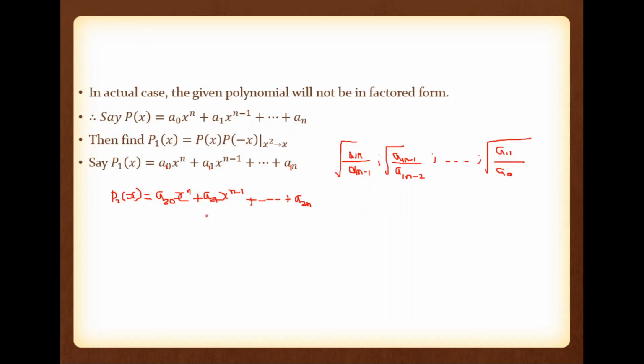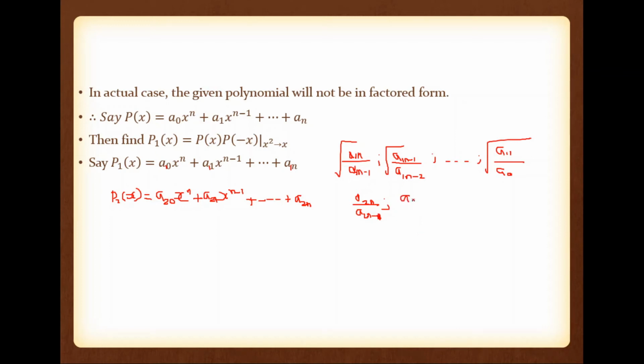So what about its roots? The roots of this p2 is, first what we have to do, take the last one, a2n, then divide by its second last one, a2n minus 1; semicolon, this is a2n minus 1. Now what about the next one?